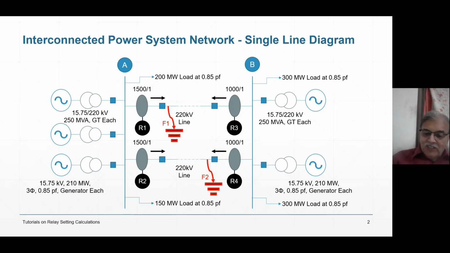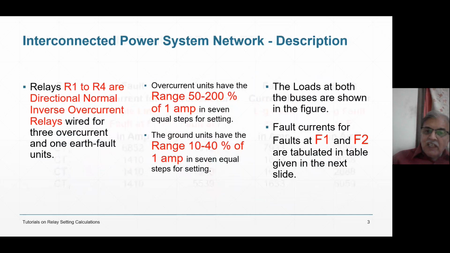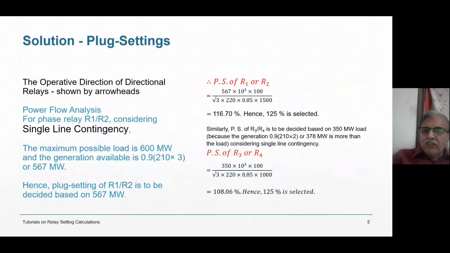So load is less. So load will decide the plug setting. So my plug setting for R3, R4 is decided based on the 350 megawatt load. That comes to 108.6, so that also comes to 125%, because there the CT ratio is 1000.